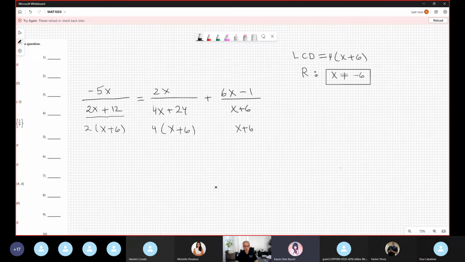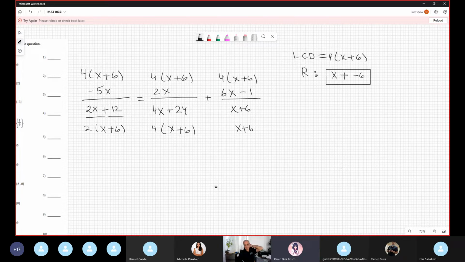Or no? So you multiply. One fantastic way, in my opinion, is you copy the LCD here and here and here. Copy 4 times (x plus 6), multiplied by the first term on the left-hand side, 4 times (x plus 6) multiplied by the second term on the right-hand side, and again by the last.